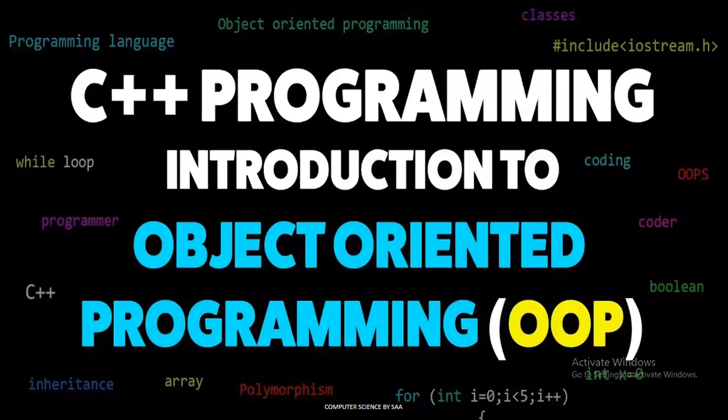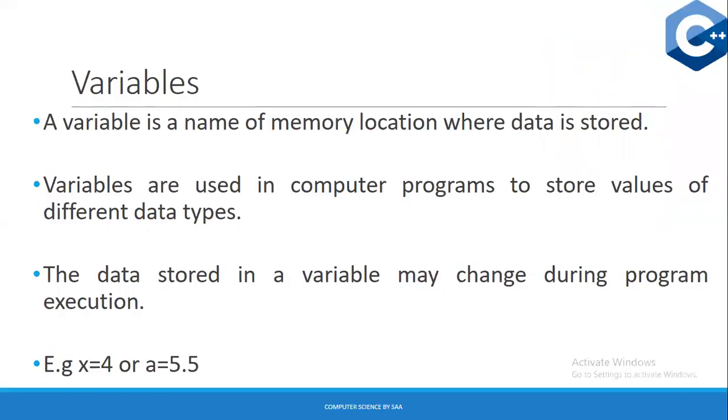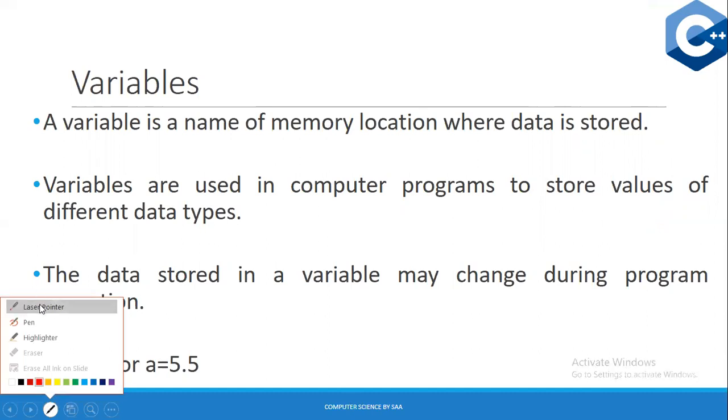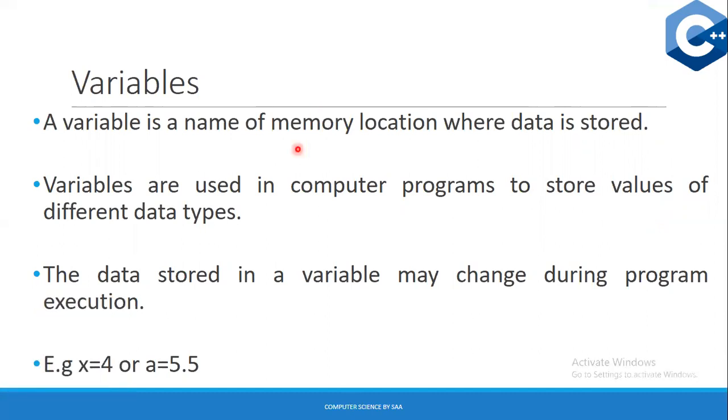Introduction to object-oriented programming. Here we are going to revise the concept of a variable. Then we will start our today's lecture. We have discussed that a variable is a quantity that can be changed during program execution.